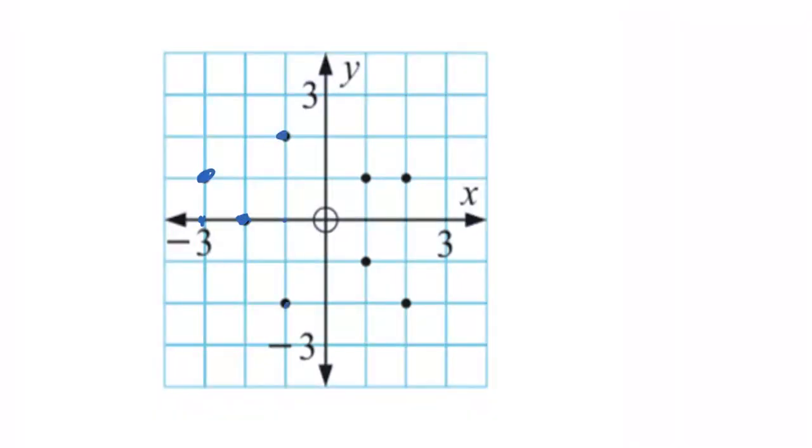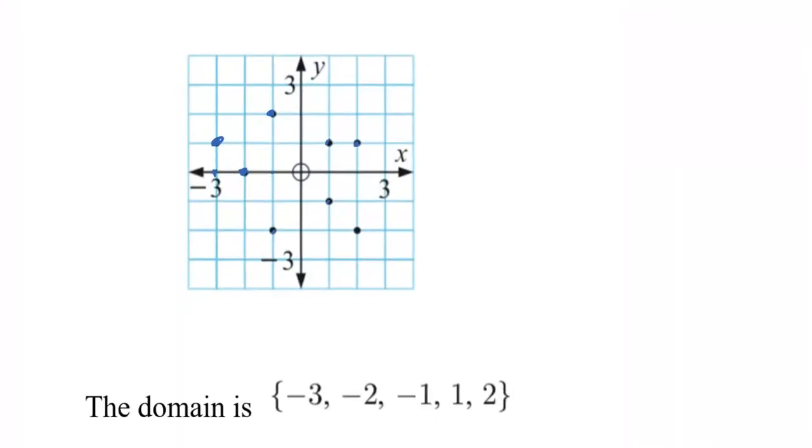Not 0 though, because we don't have any dots with an x coordinate of 0. And then we've got 1 and 2. So there is our domain. How are we going to write that? Well, you can see below there, the domain is the set of numbers -3, -2, -1, 1 and 2.